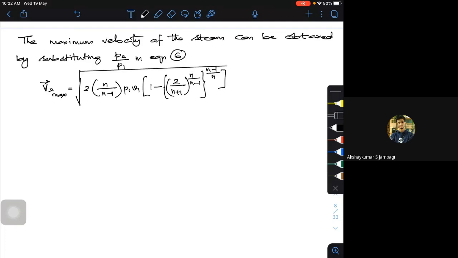Now what will happen here? See, n minus 1 and n by n minus 1, they cancel out. So what I am left with is V2 max is equal to square root of 2 into n by n minus 1 into P1 V1 into 1 minus 2 by n plus 1, square root of it.